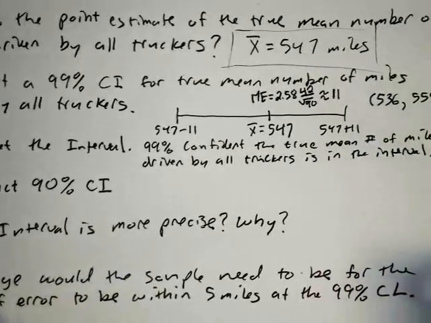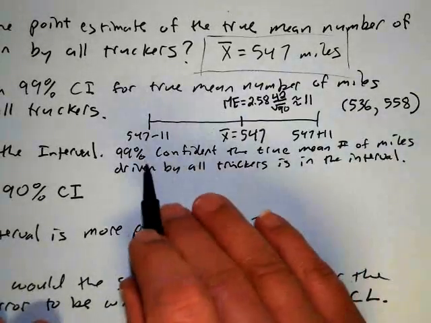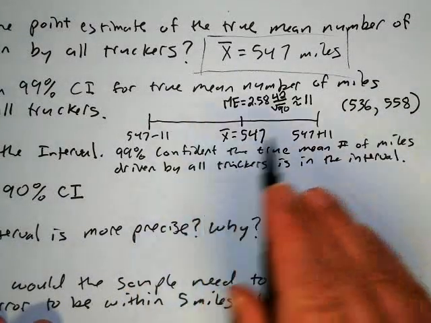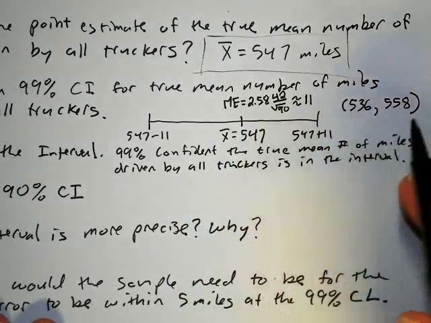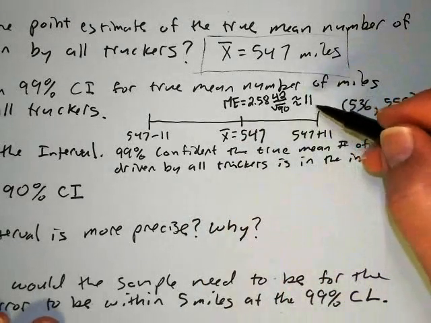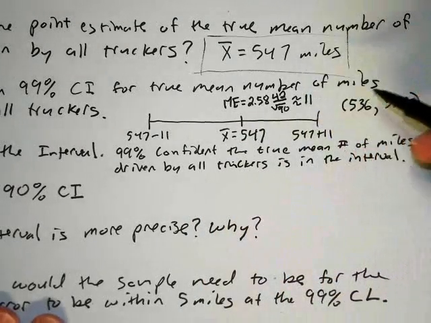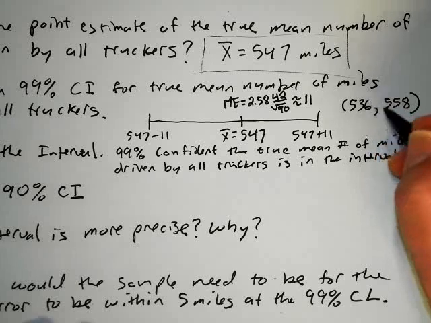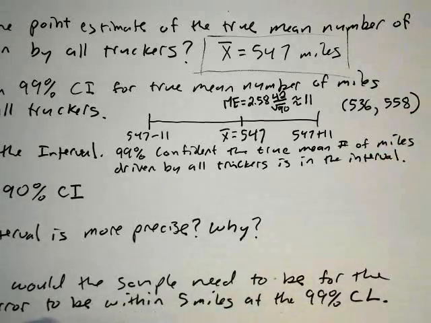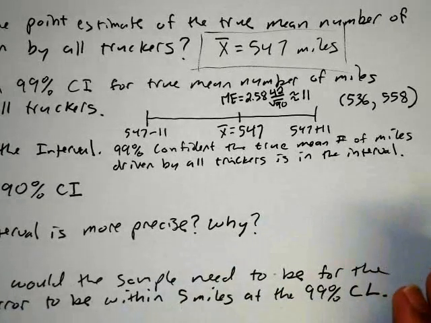I wouldn't say that 99% of all truckers drive within that interval. You could have a lot of truckers that drive less, maybe local truckers, and a lot of truckers that drive more, possibly, but when you average it, you're 99% confident the true mean is in that interval somewhere.